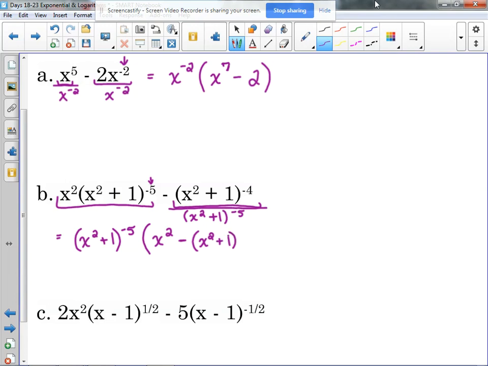Now, normally I would not write that power of 1. I am going to in this case, just so that when you look back at your notes, you see what happened there. And I'm also going to do it because we had a negative in front of this term, and this term has more than one term to it, so we need to apply that negative to be able to handle this correctly.